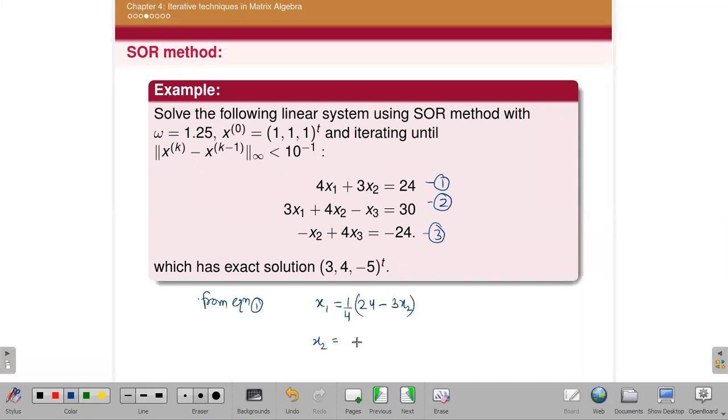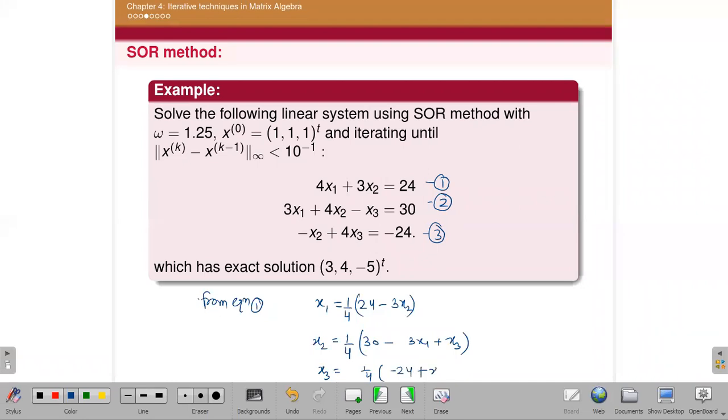Then x2 will be (30 minus 3x1 plus x3) divided by 4. And x3, before that you can check the conditions also. So just check the conditions.